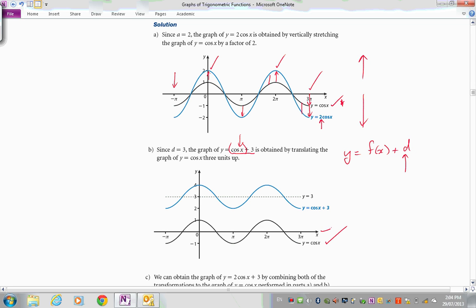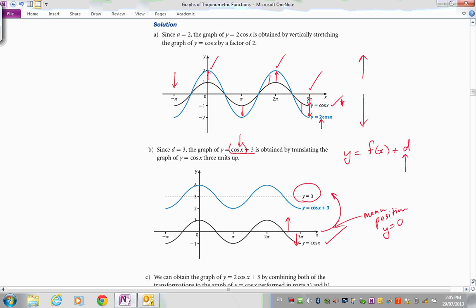So our mean position, I might call this line that has some symmetry of sine and cos about it, you can call that the mean position, because there's oscillation or displacement above and below. So the mean position is no longer y is equal to 0, it's been moved up to y is equal to 3.